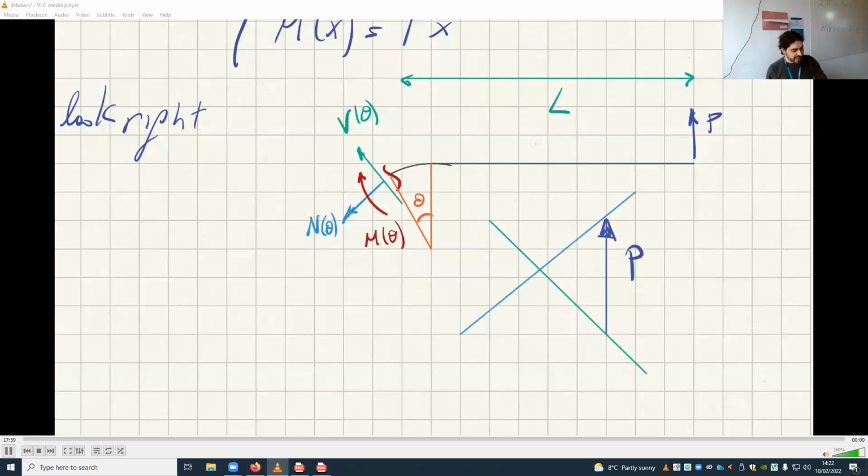Now, if I had to split P into components, that would be N in this, V in this direction and N in this direction. Because if I sum V plus N, I get P. I don't need, though, to split P into components. I need the two forces that balance P. So I have to use the other way around.